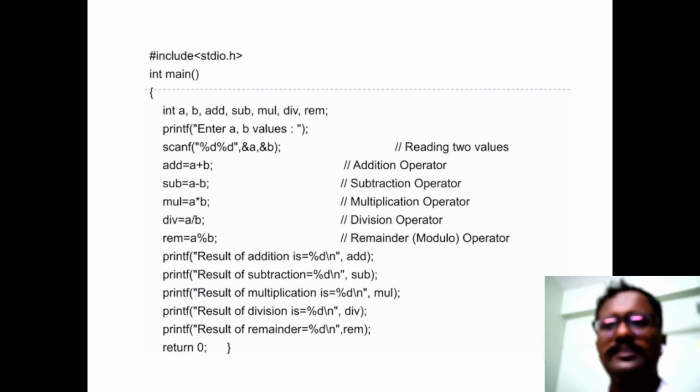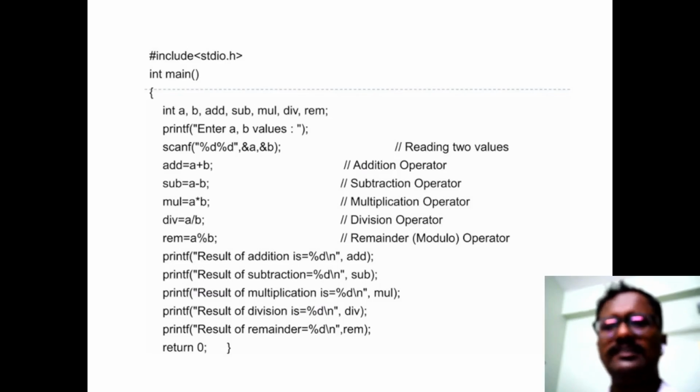Here a and b will store the two numbers input by the user, while add, sub, multiple, divide and remainder will store the results of the operations: addition, subtraction, multiplication, division and modulus.